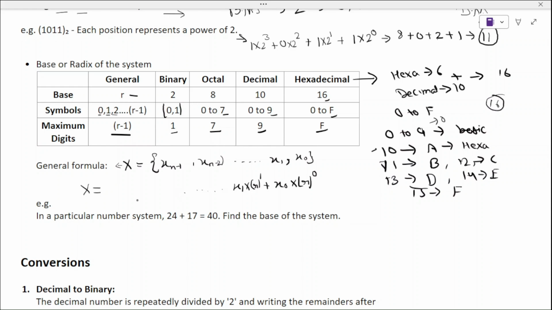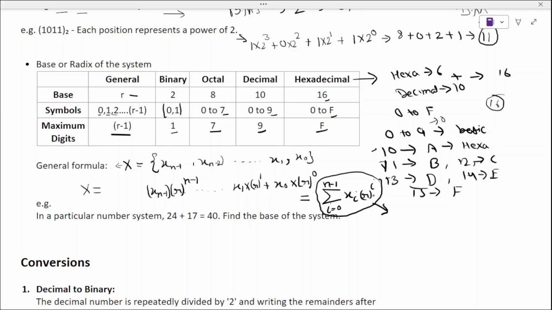Similarly, up to xn minus 1 into r, which is the base of the number system, to the power n minus 1. If we write this in summation form, summation i equals 0 up to n minus 1 of xi r raised to power i. This is the general formula to find an integer.